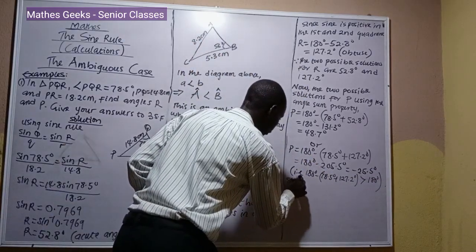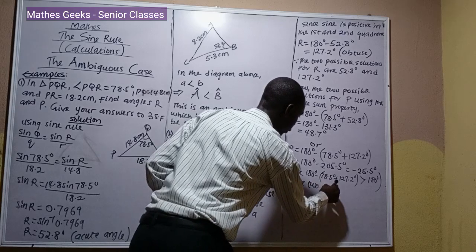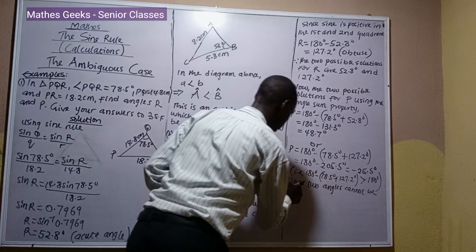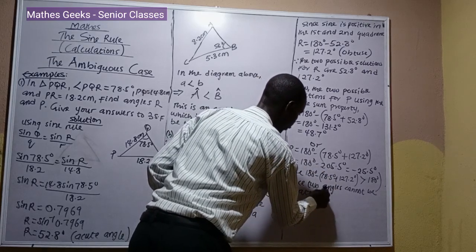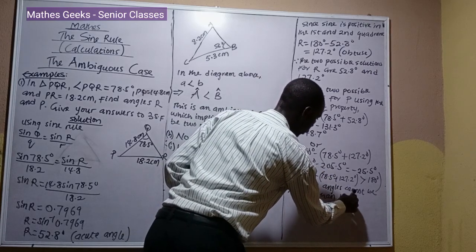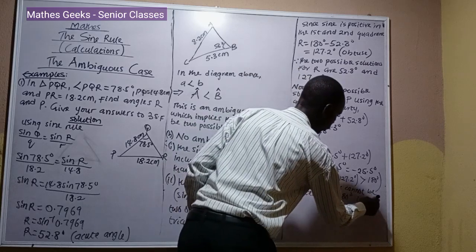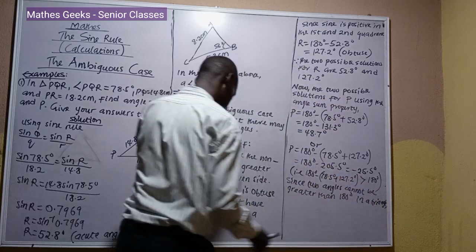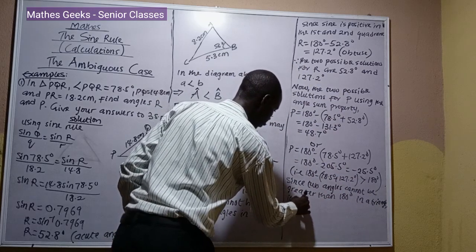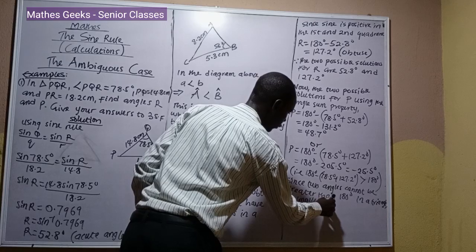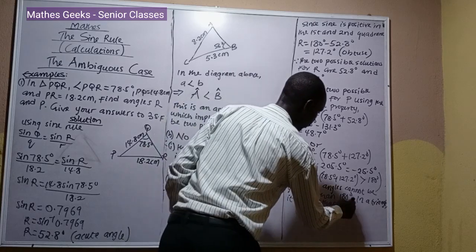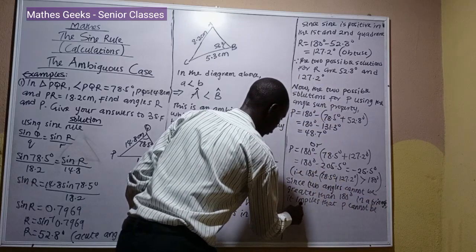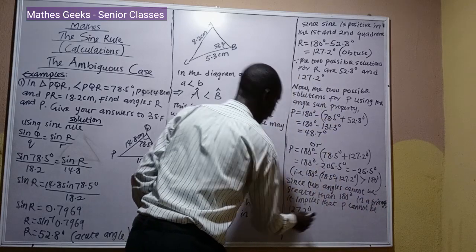So since two angles cannot be greater than 180 degrees in a triangle, it implies that P cannot be 127.2 degrees.